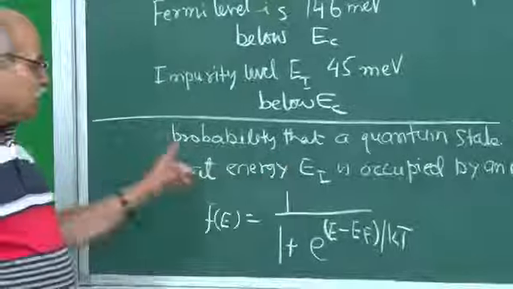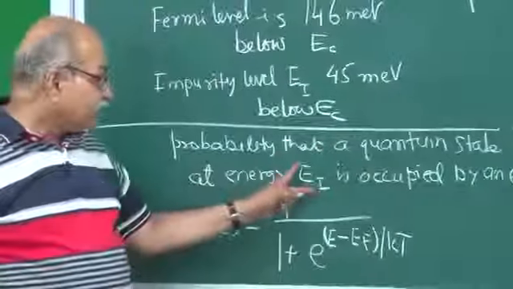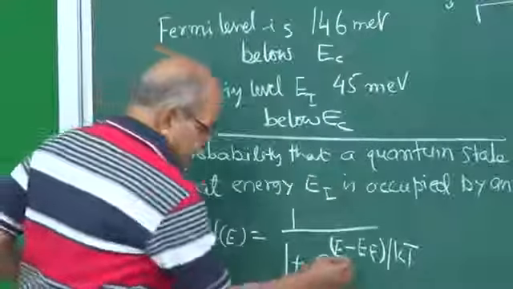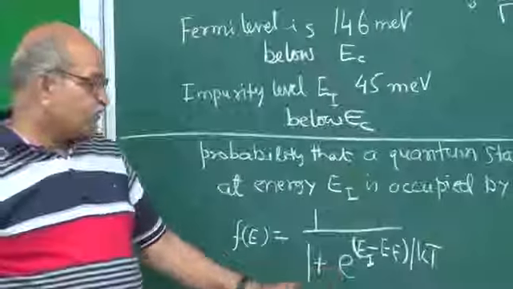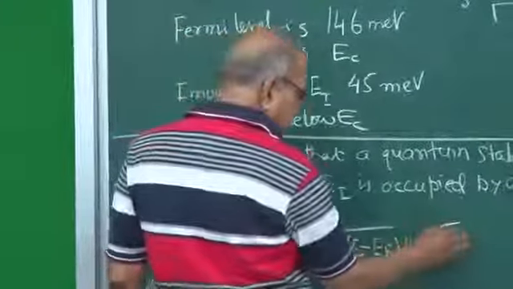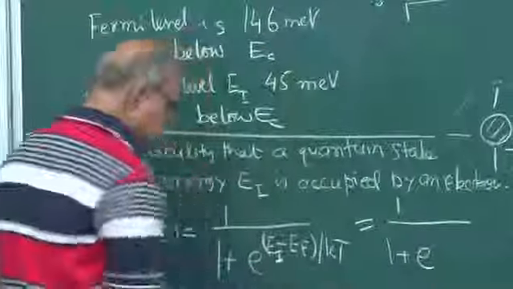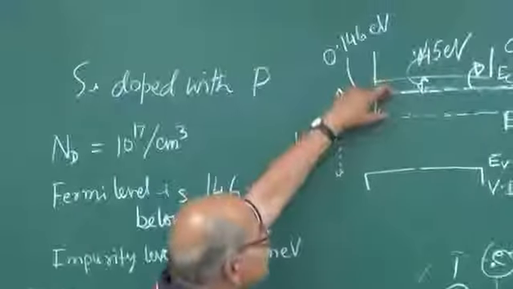Since I am looking for the probability that a quantum state at energy EI is occupied, this E here is nothing but EI, and that one can calculate. So this is 1 over 1 plus e power (EI minus EF) over kT.